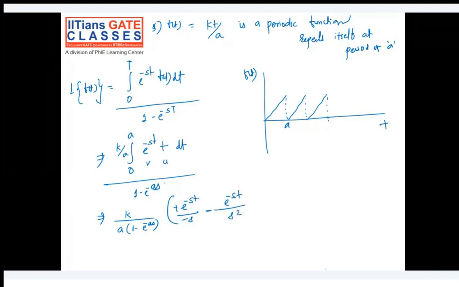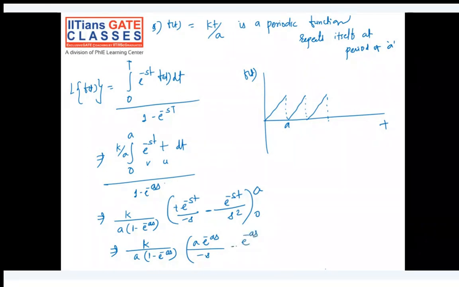Putting the limit 0 to a, we get a e to the power minus as divided by minus s, minus e to the power minus as divided by s square, plus 1 divided by s square. Okay, this is the final answer.